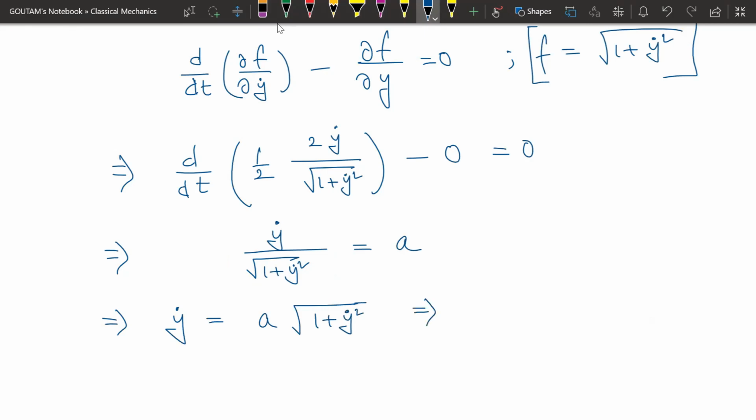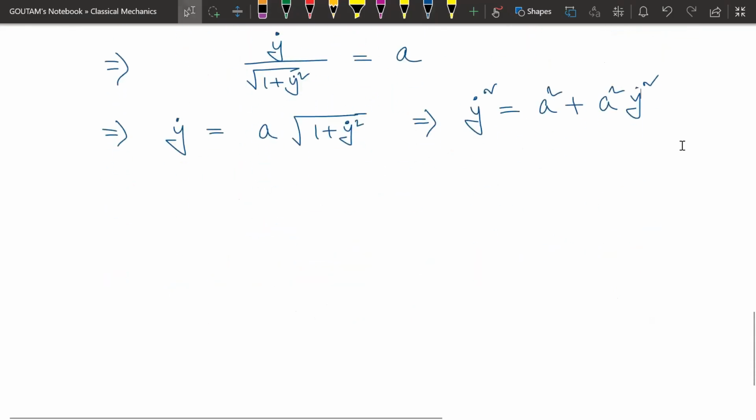This implies, if we square both sides, ẏ square equals to a square plus a square ẏ square. Now if we take the ẏ this side, then we will get 1 minus a square ẏ square equals to a square.